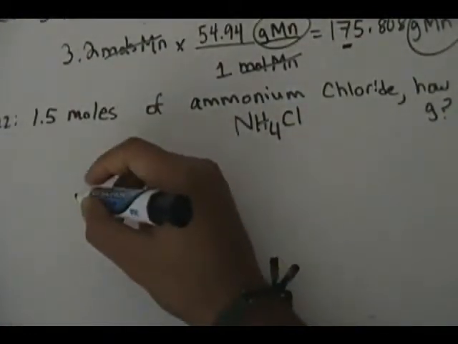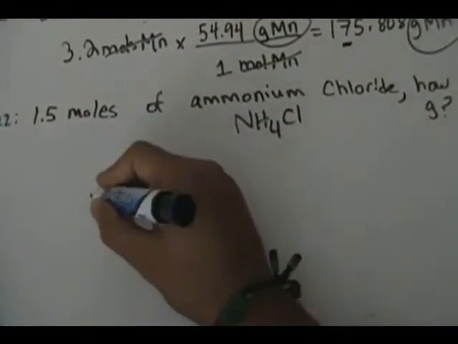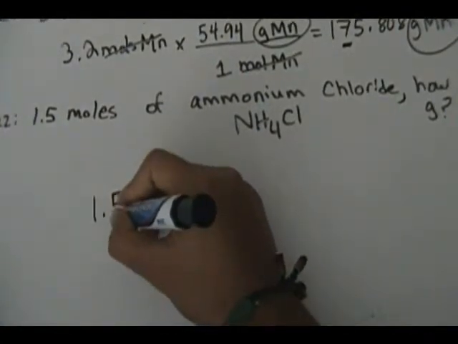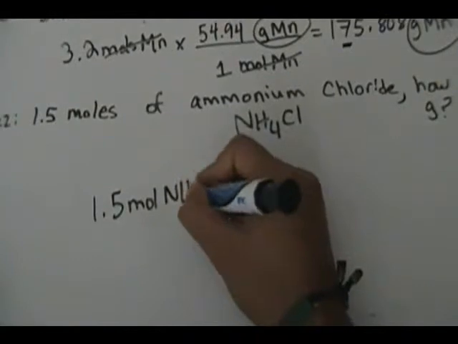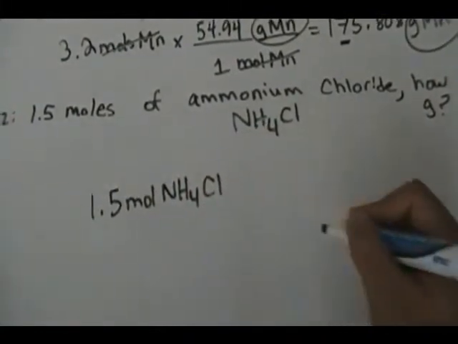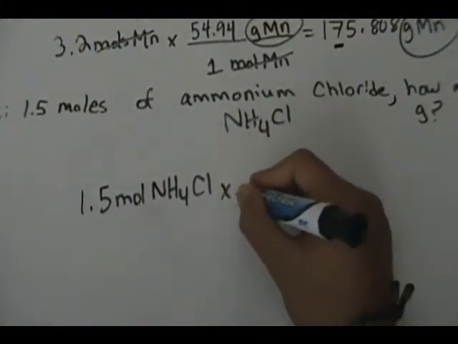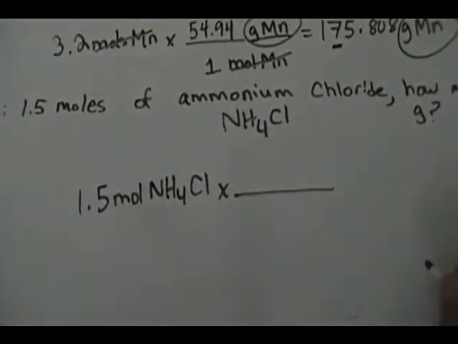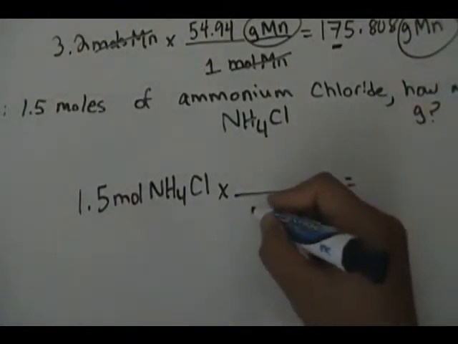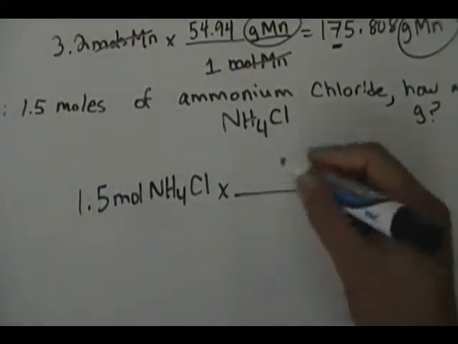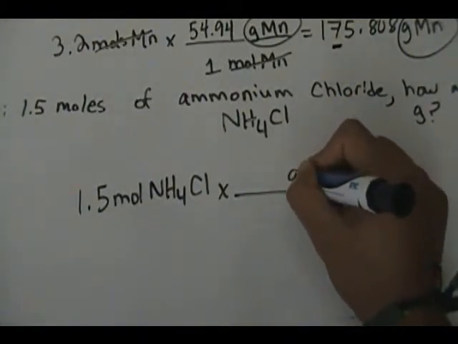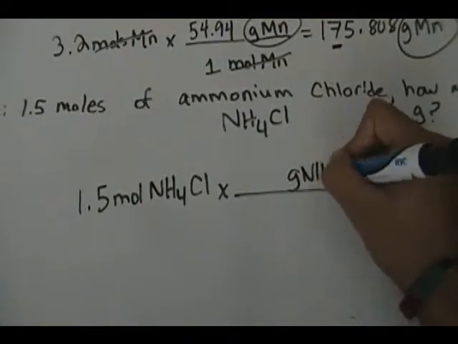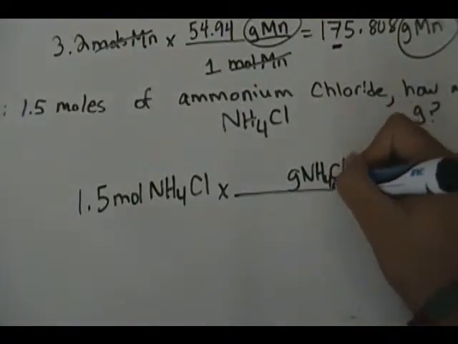So again, let's write it out. We write out the little formula that I showed you guys. We have given 1.5 moles of ammonium chloride, NH4Cl, right? We want to figure out the mass of ammonium chloride. So we're going to use the molar mass in this area. We're not going to invert it. We're just going to have it regular. So we'll have grams of NH4Cl on top.